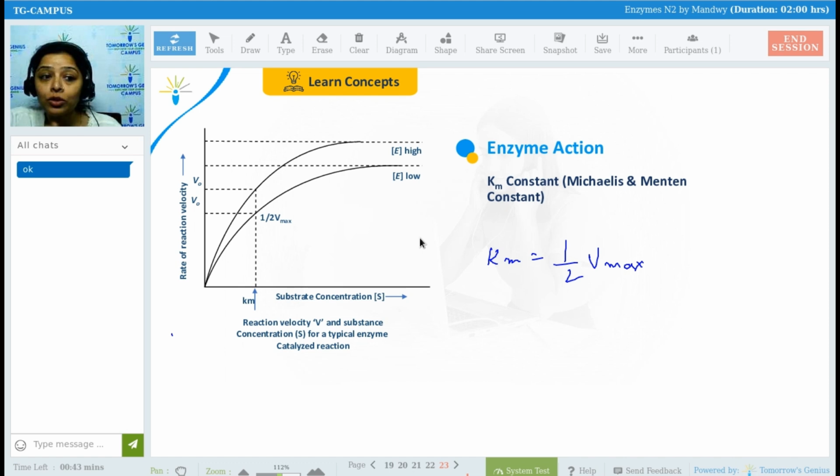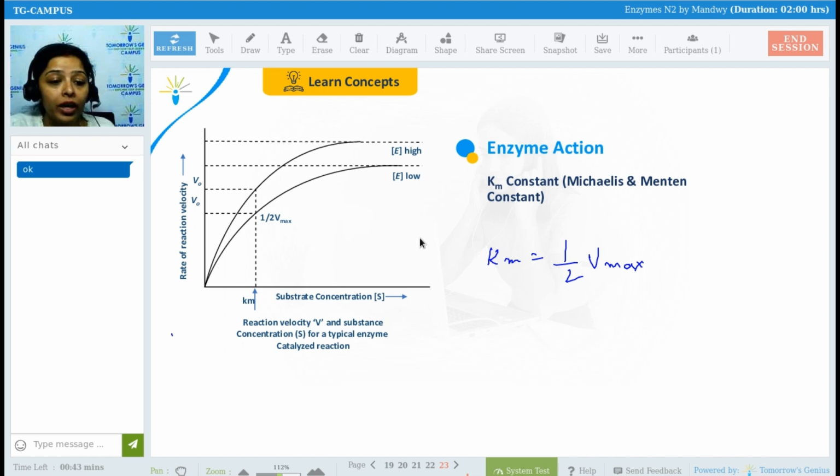Why will it be different from substrate to substrate? Because different enzymes have different affinity towards different substrates, right? All the enzymes do not have the same affinity for the different substrates. Are you getting me? So different enzymes have different affinity towards different substrates, and that's why the Km value will always vary.